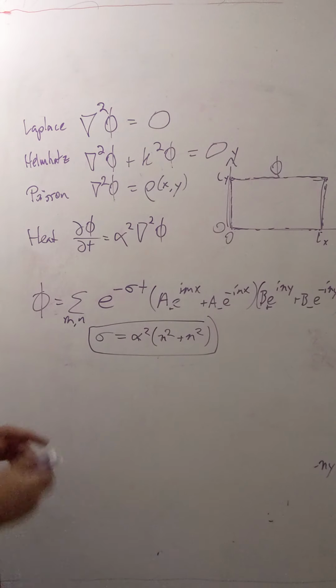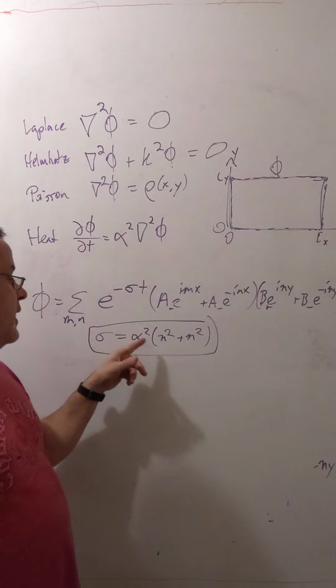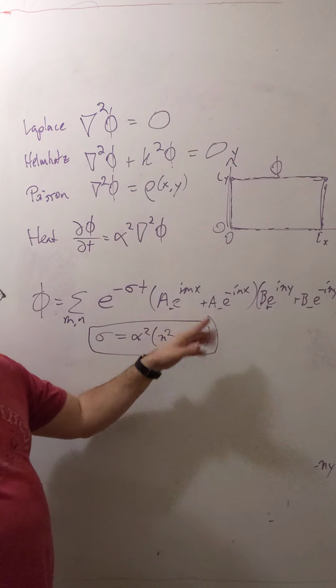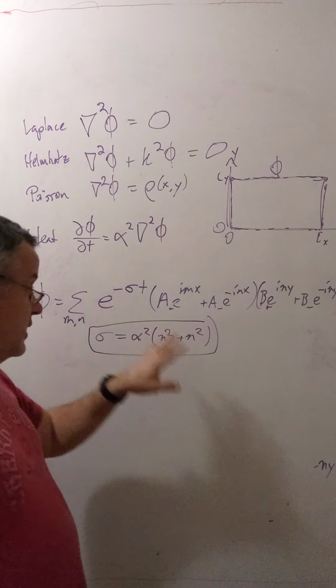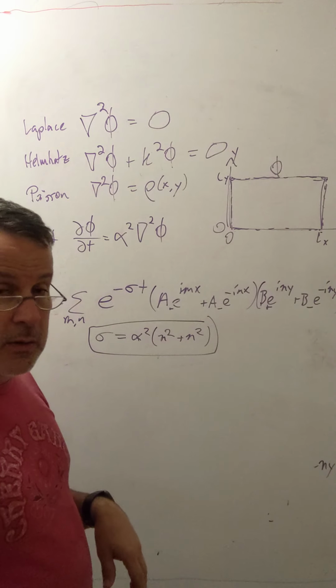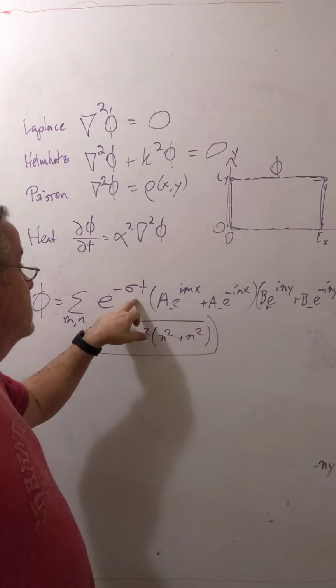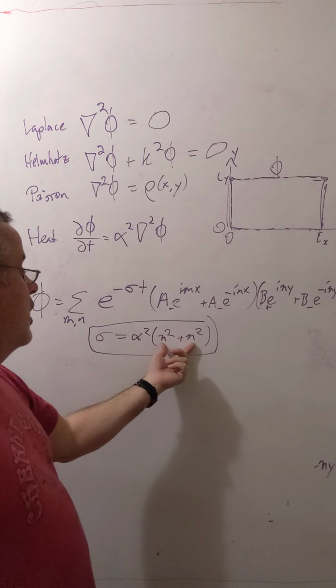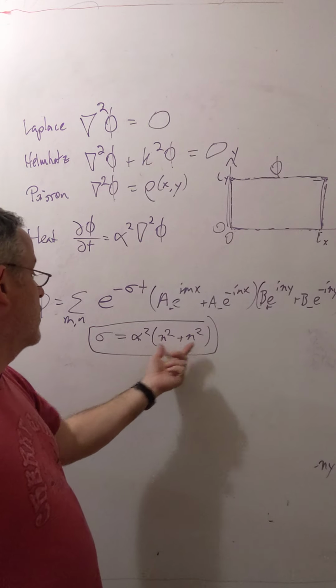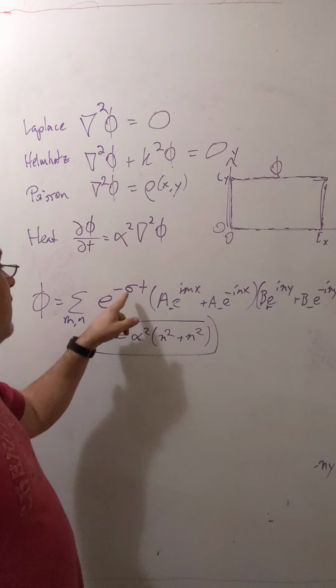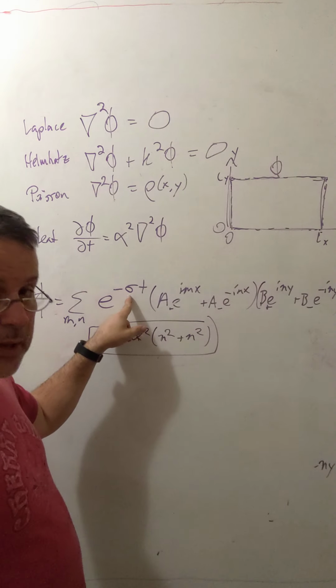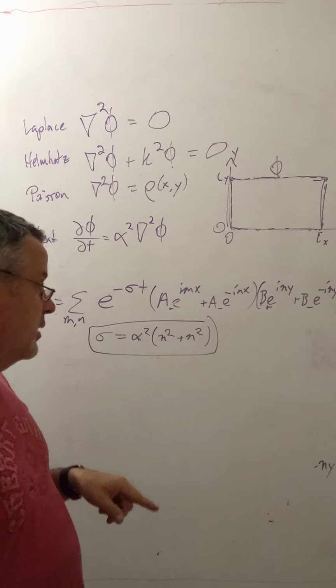So this says the solution decays, all those wrinkly bits in the Fourier transform decay. How fast do they decay? Well, they decay as fast as m squared and n squared are large. The decay rate goes up and up and up when m squared and n squared get bigger.